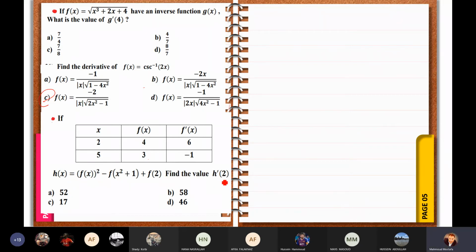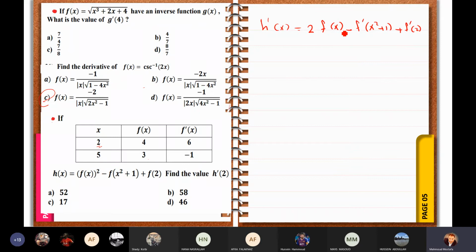X is 2 now. So we will use the rule for h of x, f of x squared. So h prime of x will be 2 f of x minus f of x squared plus 1, f prime of x squared plus 1, plus f prime of 2.